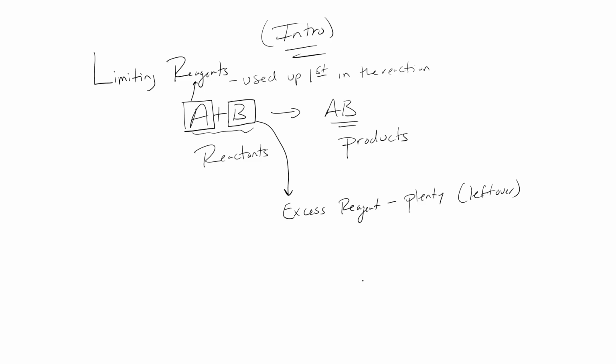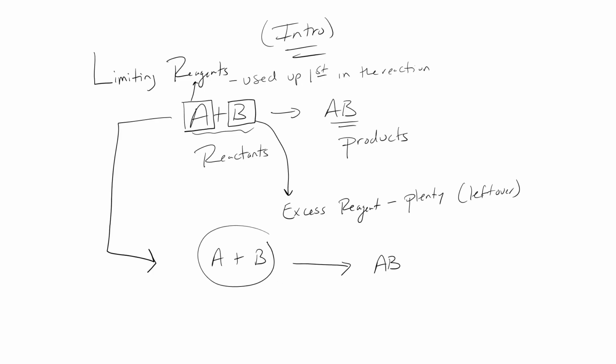Now, why is this important? Well, let's just think about this very, very simple reaction here that we're looking at. In order to make our product, which is on the right-hand side of our arrow, we need an A and a B to come together to produce our product.